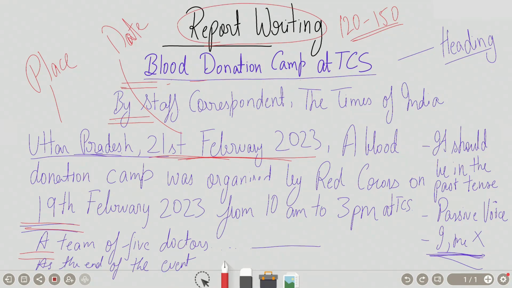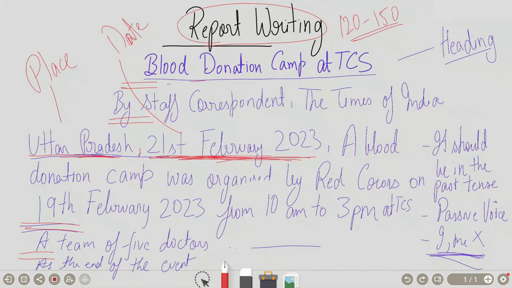And on which date are you writing the report? The date is important. You will write down the place, then a comma is important, then the current date, the date of writing the report. Like I am writing this report today, so today's date is 21st of February 2023.